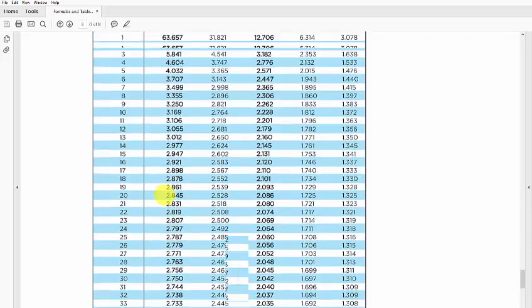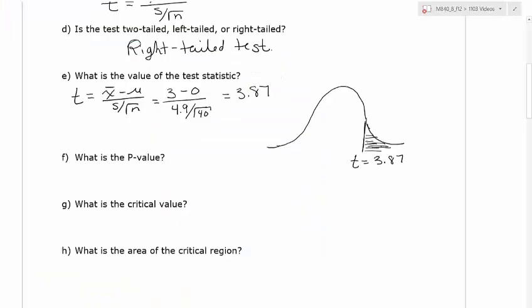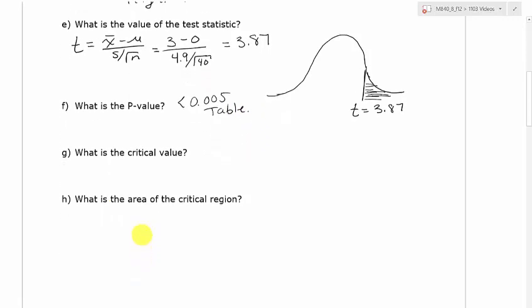And so when we go up here, we see that, and this is area in one tail. So all I can get from the table is that my p-value is less than 0.005. So that's all you can get from the table.